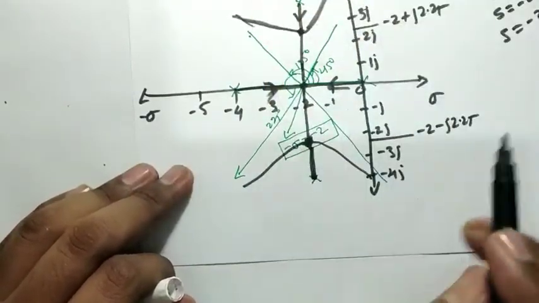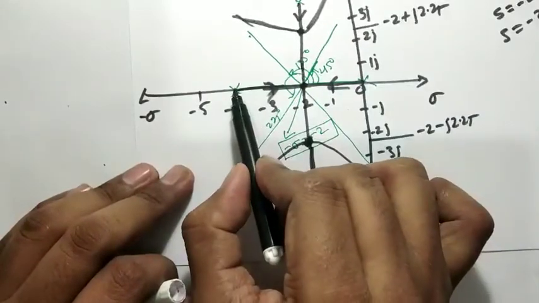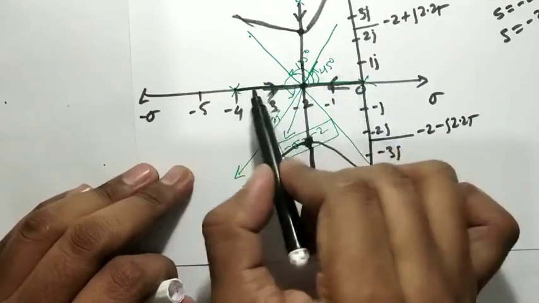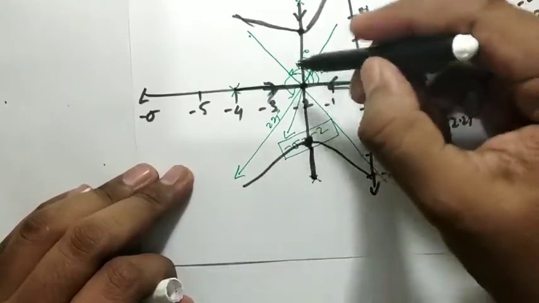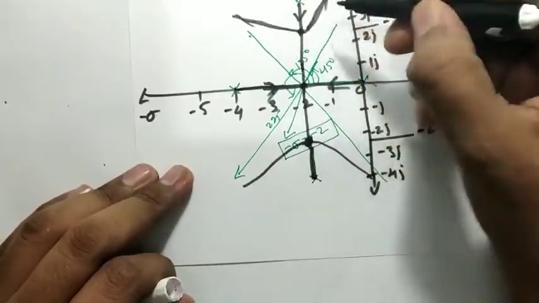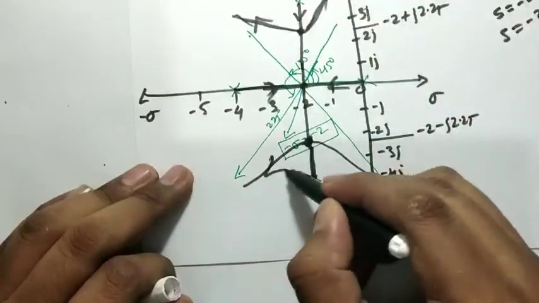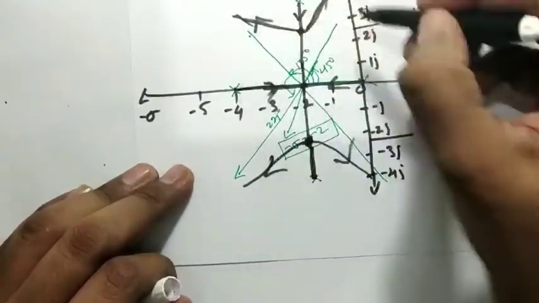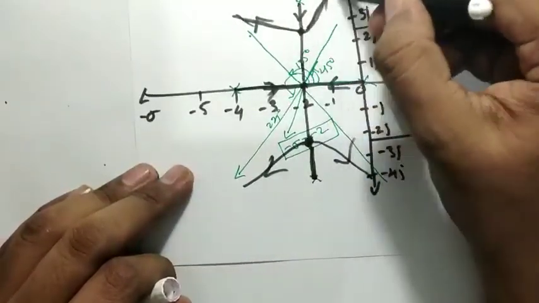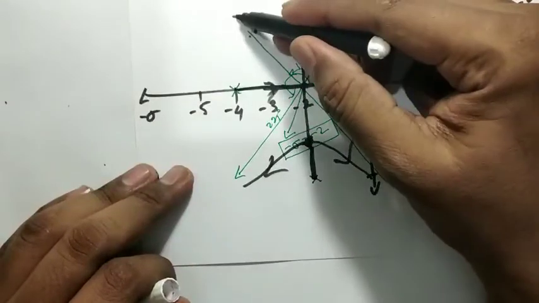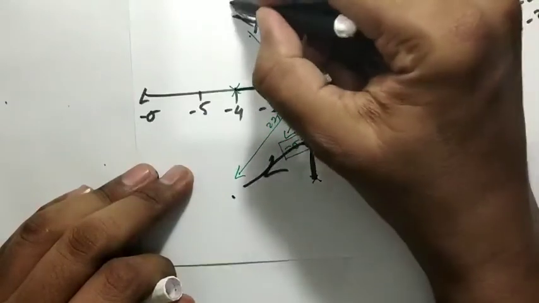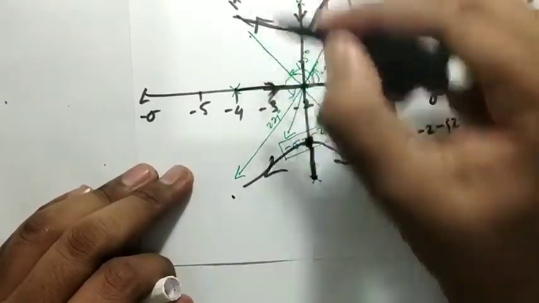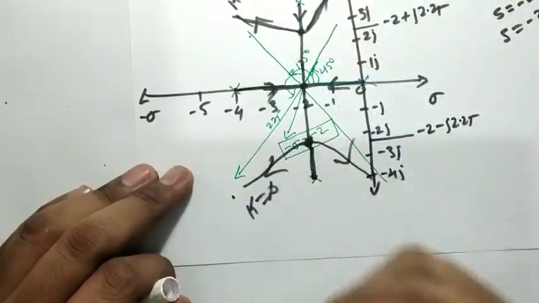So there are four roots, one going this direction, another going this direction, another going this direction, another going this direction. So it will terminate at k is equal to infinity. This also terminates at k is equal to infinity.